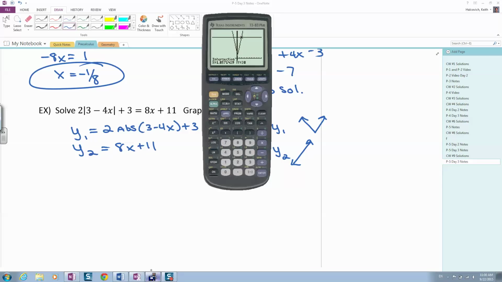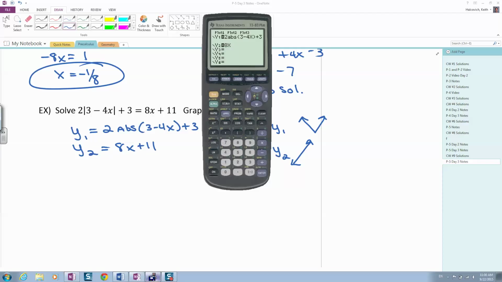So when we type it in our calculator here, we get 2, and then remember math, number, absolute value, 3 minus 4x plus 3. And then here you get 8x plus 11.